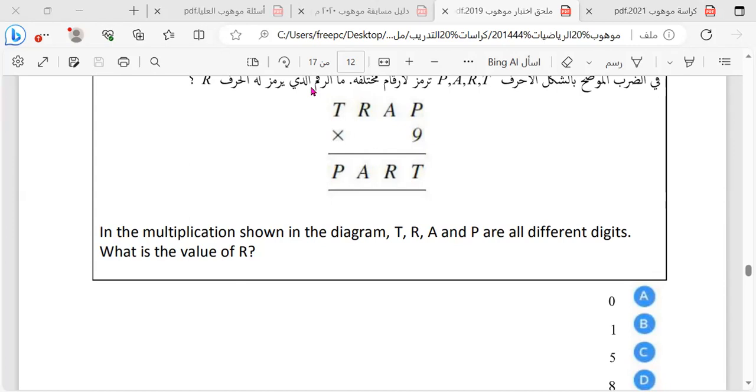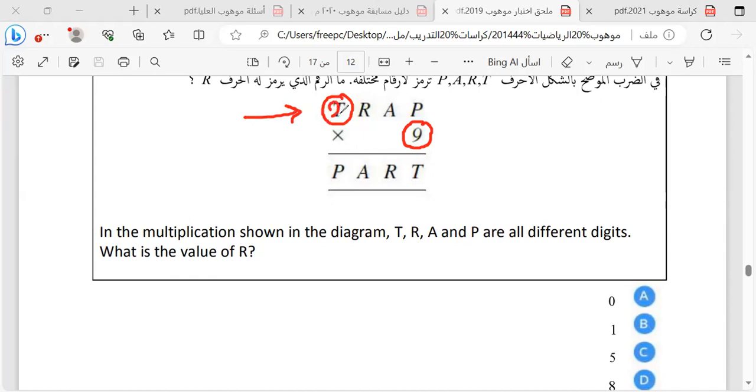Yeah, here the same word. Look, my student, here we change the letters T, R, A, P, right? What will I do here? How many digits? 4 digits, right? So no need to put more than 1. So this 1 and T, when you multiply, you get the small number.